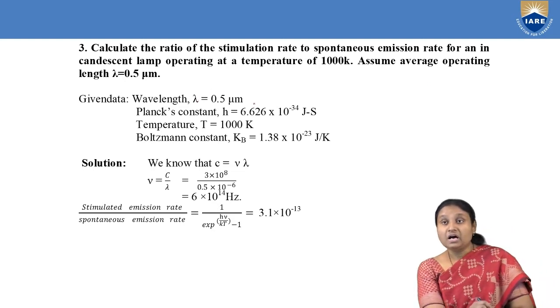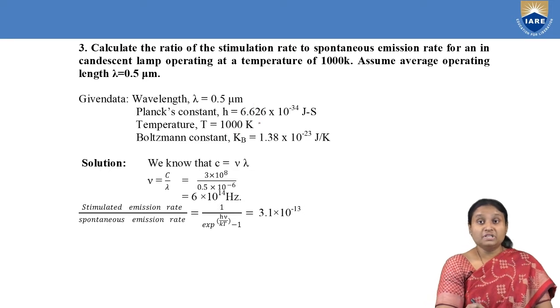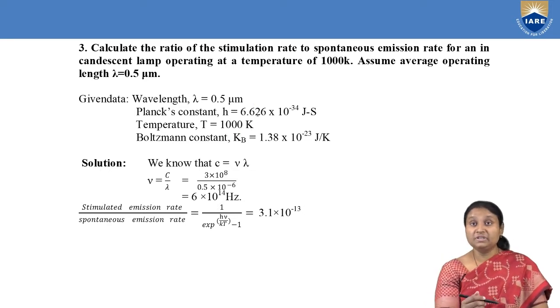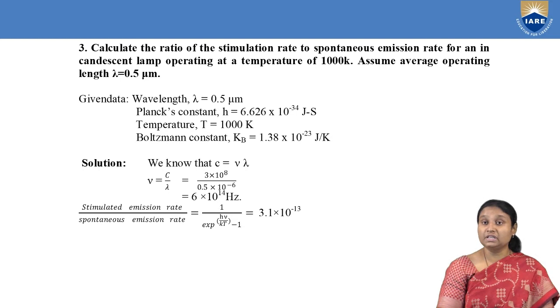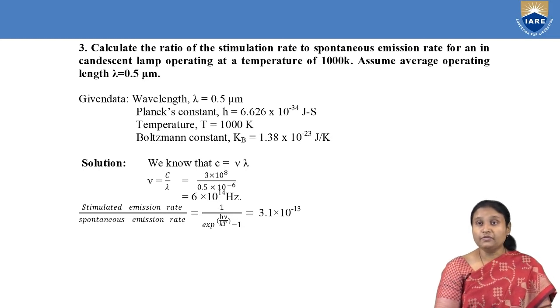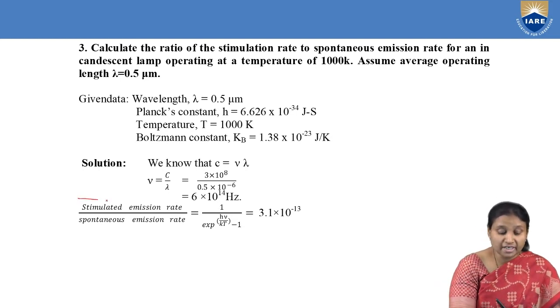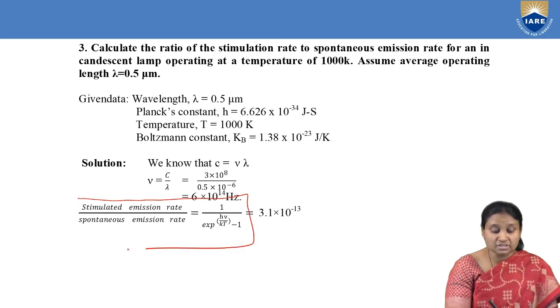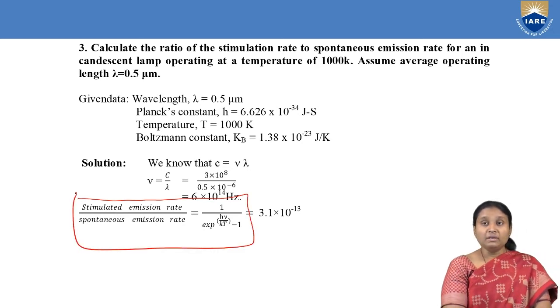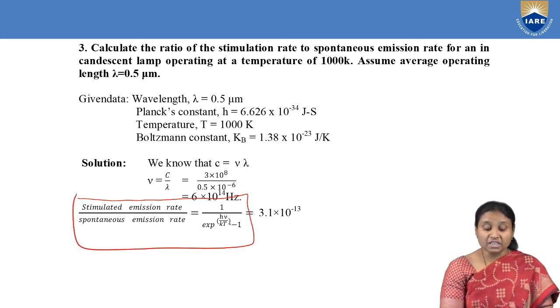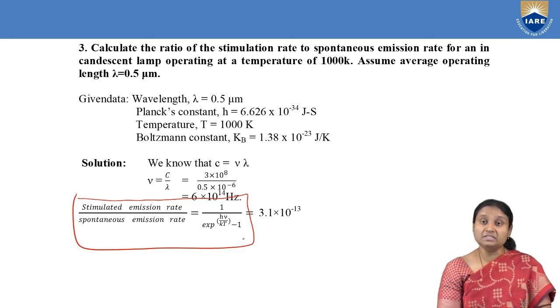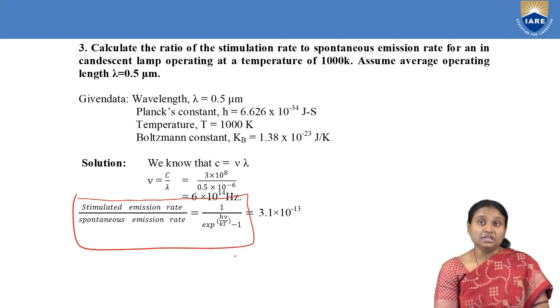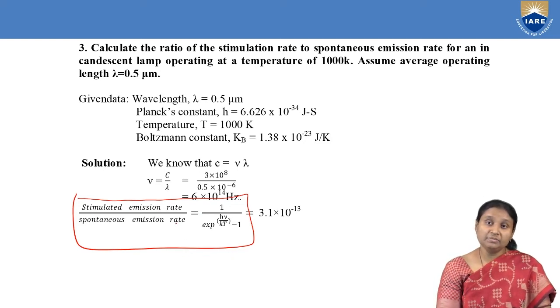What is the formula for the ratio of stimulated emission to spontaneous emission? This is our formula: 1 by exponential of h nu by kT minus 1.